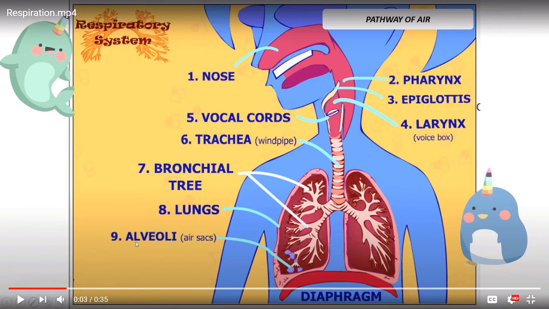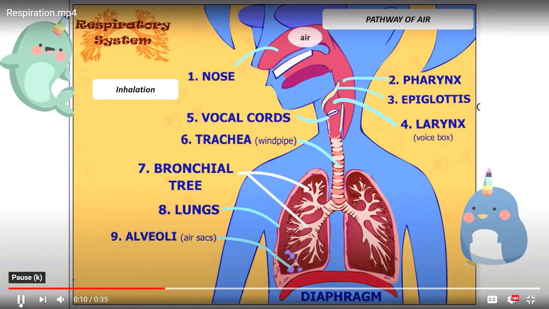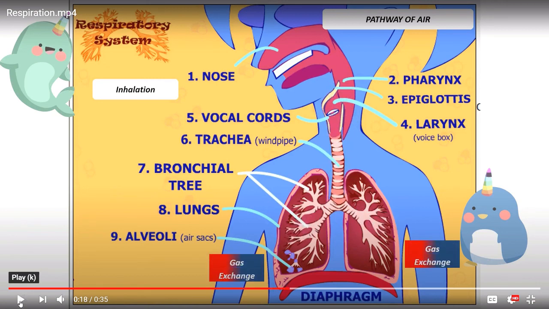So let's try again the pathway of air, but this time with animation. Air from the atmosphere, in the process of inhalation, will enter the nose, down to your pharynx, down to your trachea, then left and right bronchi into the smaller bronchioles, into the alveoli, where gas exchange will take place.